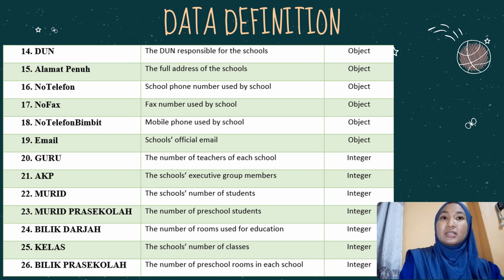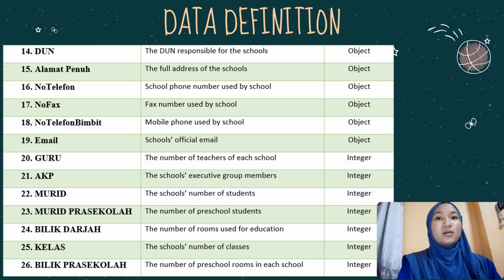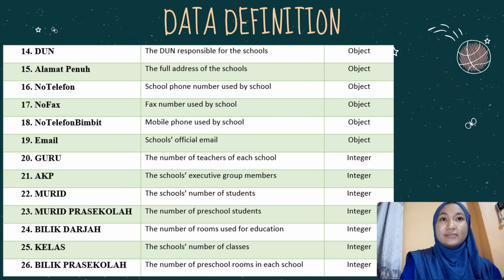Bilik darjah, the number of rooms used for education. Kelas, the school's number of classes. Bilik prasekolah, the number of preschool rooms in each school. The data type from guru to bilik prasekolah is integer.